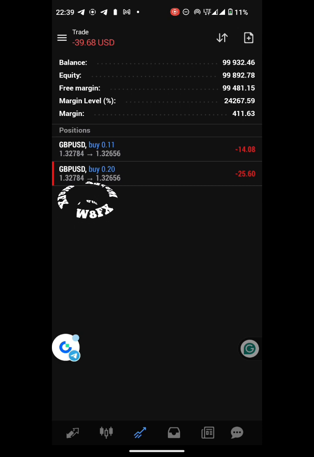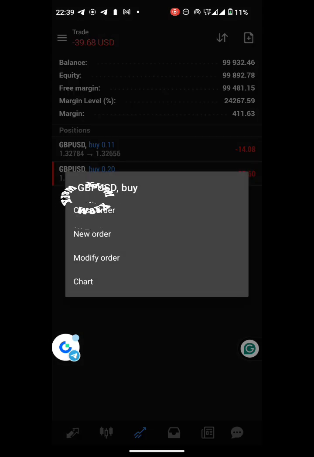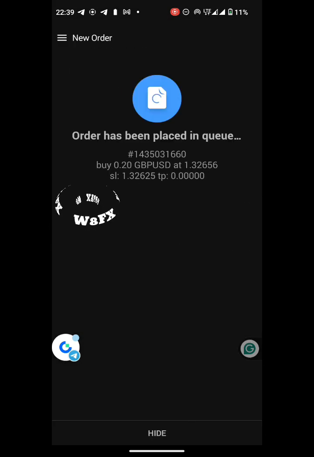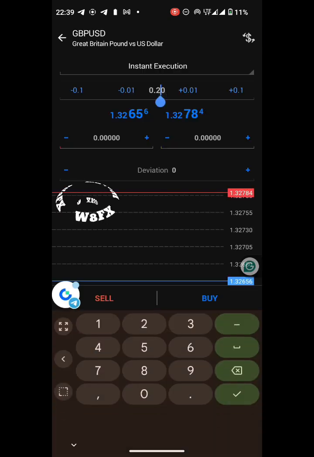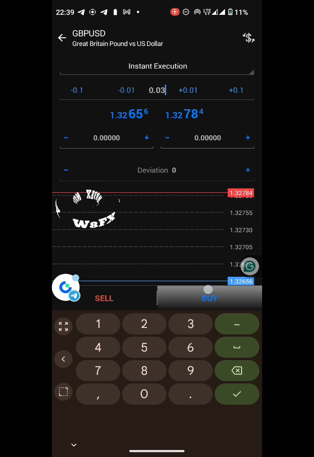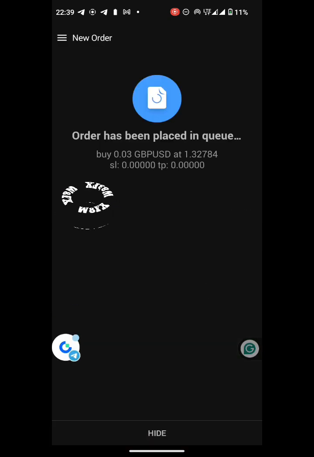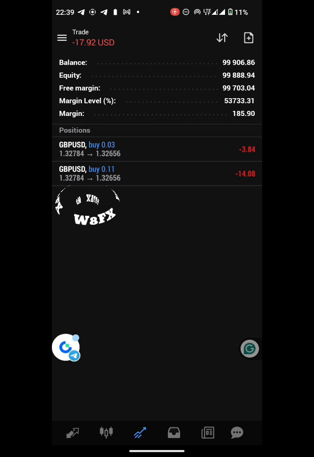I can just go ahead and open another one. Let me delete this previous one. I can just go ahead and enter the remaining one, which is 0.03. That's one method. Everything together is now 0.13. So that's one way to do it.